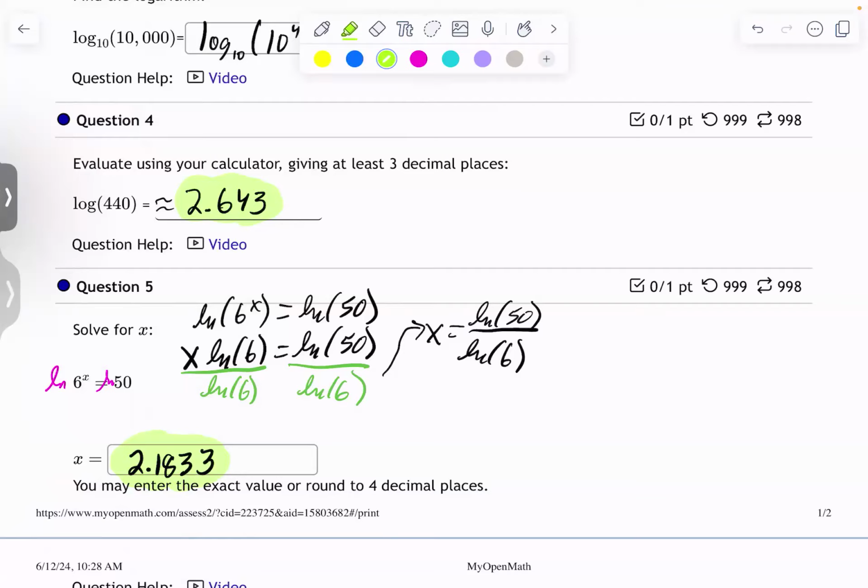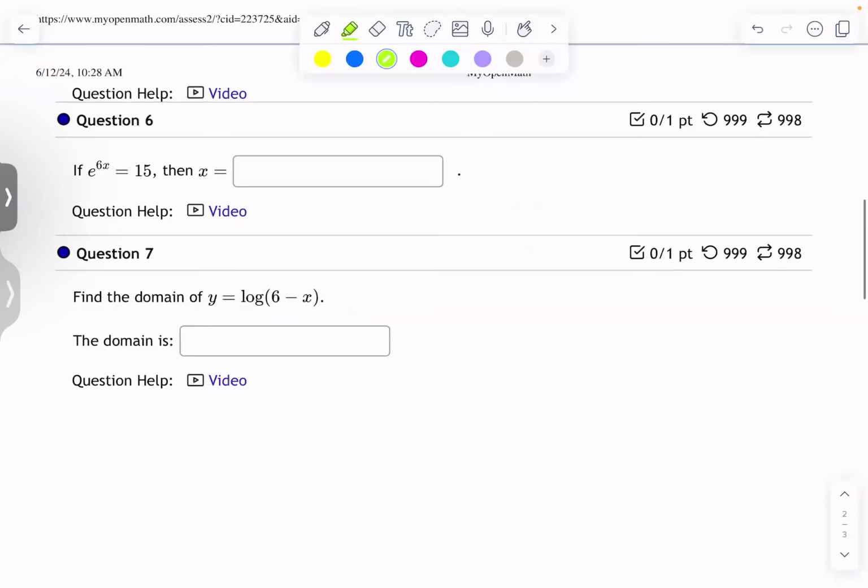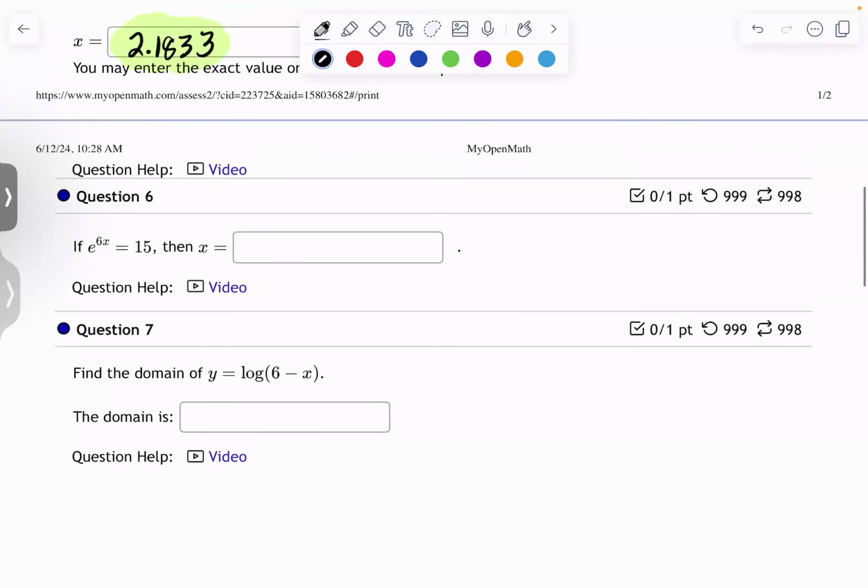Moving on. Question 6. If e to the 6x equals 15, what I'm going to do is apply the ln to both sides. So that's going to give me ln of e to the 6x equals ln of 15. Now, if you remember, ln means that it's base e.